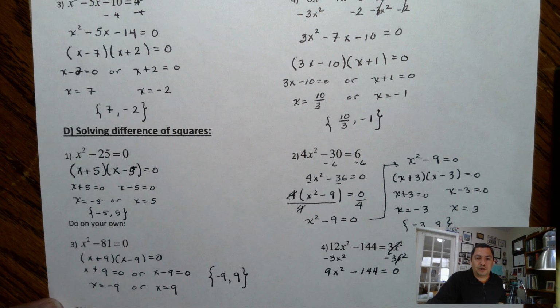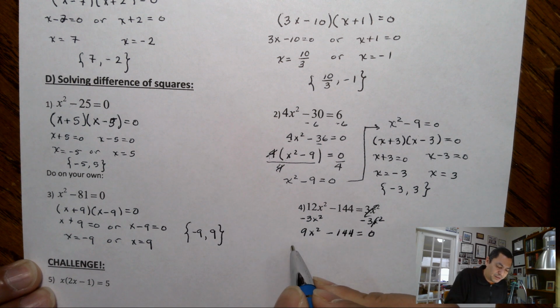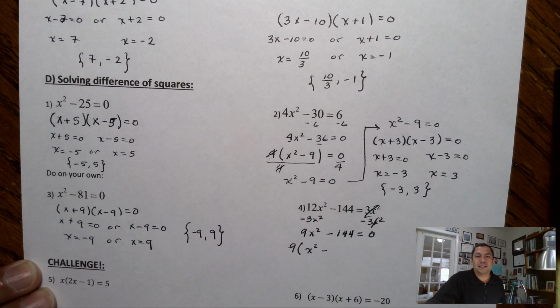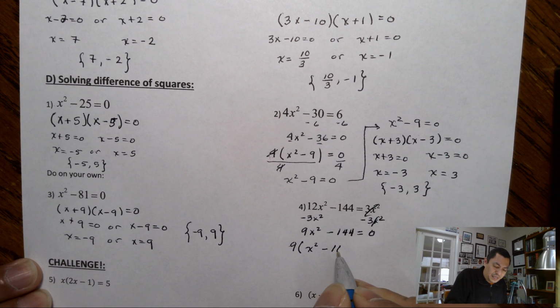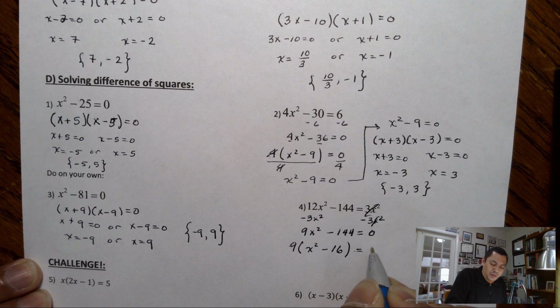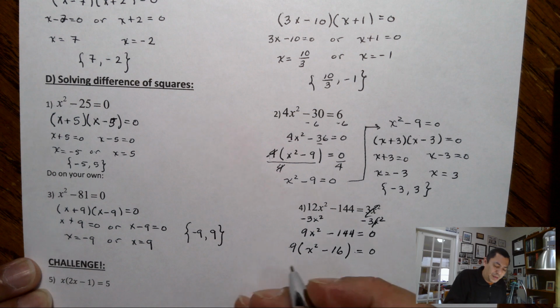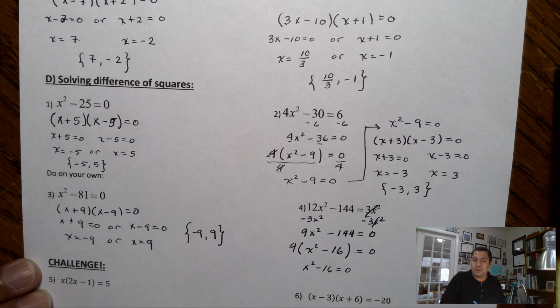But if we want a complete factorization, we can do the greatest common factor. We can factor out 9, and then we have x squared minus, in this case, 16 equals 0. Then we divide both sides of the equation by 9, so we have x squared minus 16 equals 0.